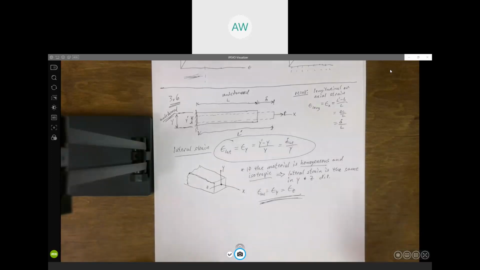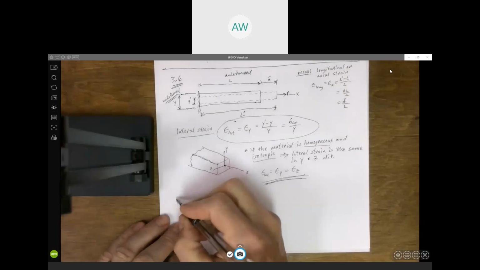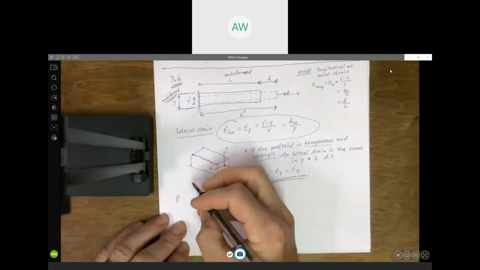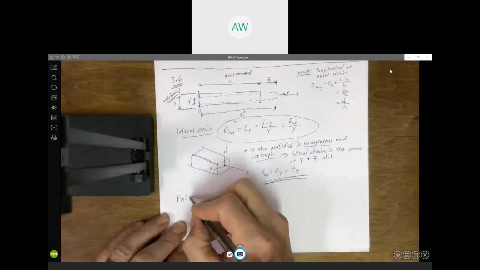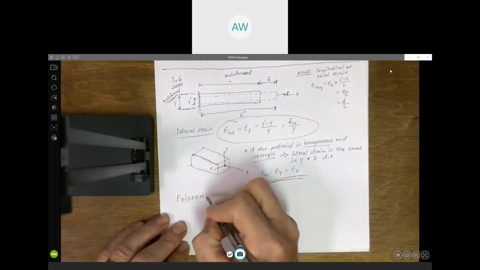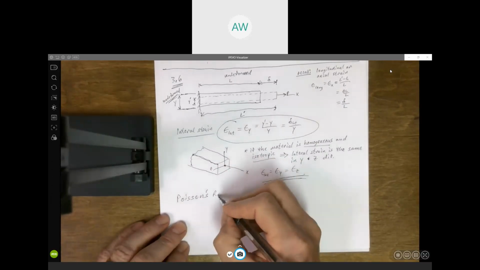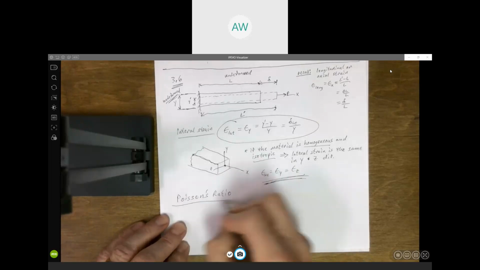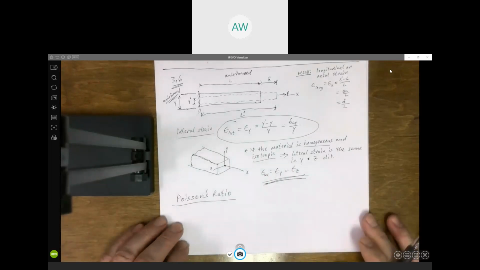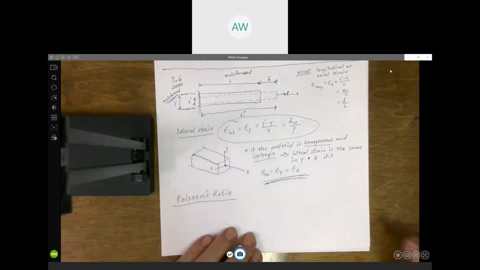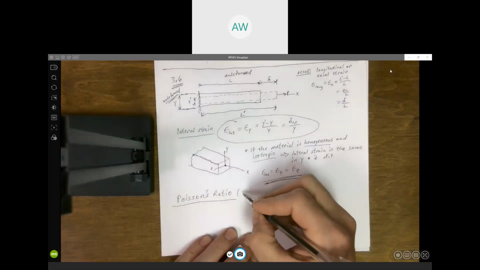All right, so finally, that brings us to what we were trying to define in this section. It's called Poisson's ratio. And here we're, again, continuing our journey through the Greek alphabet.